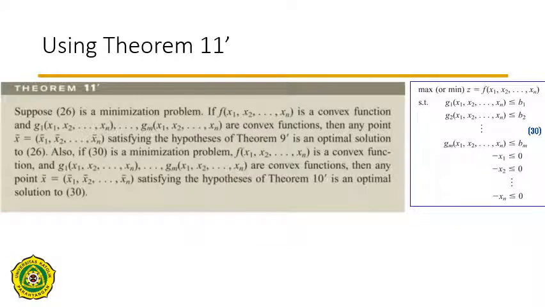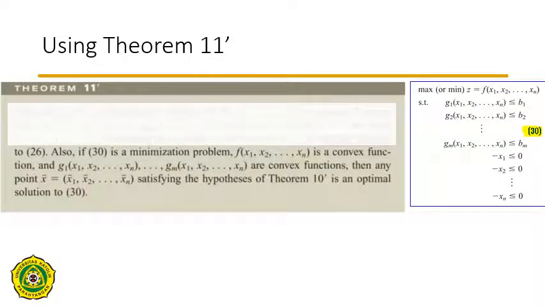So given the quadratic programming problem in this form, like model number 30, we can use theorem 11 prime. We omit the first part because it talks about the model without the sign restrictions. So now we focus on the second part.